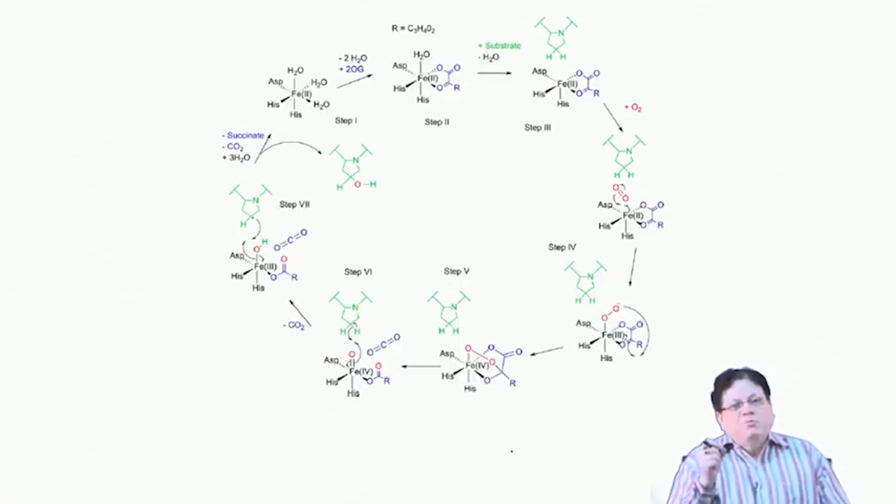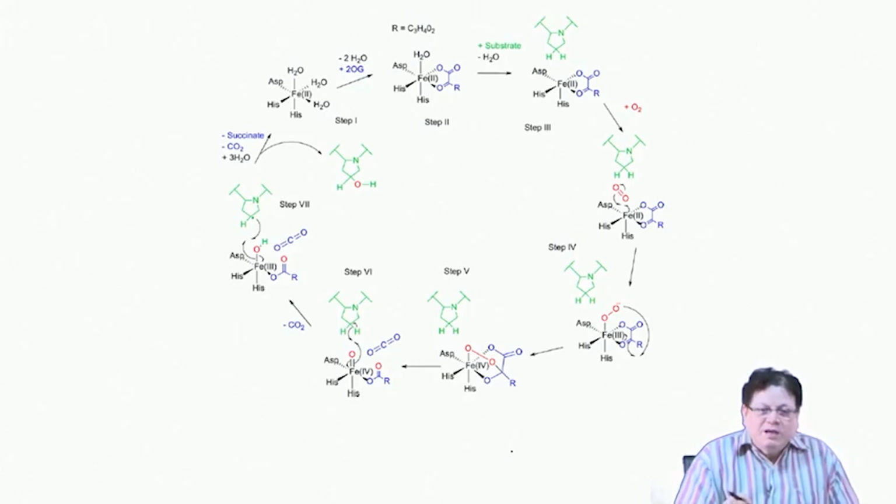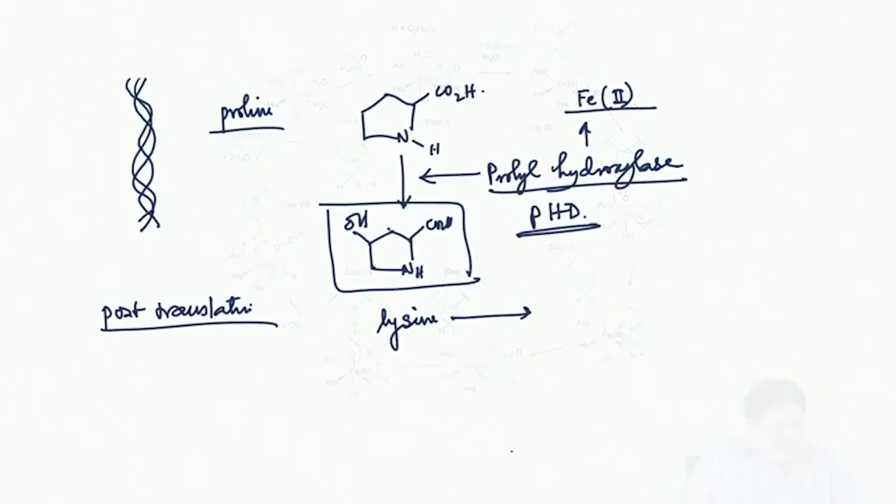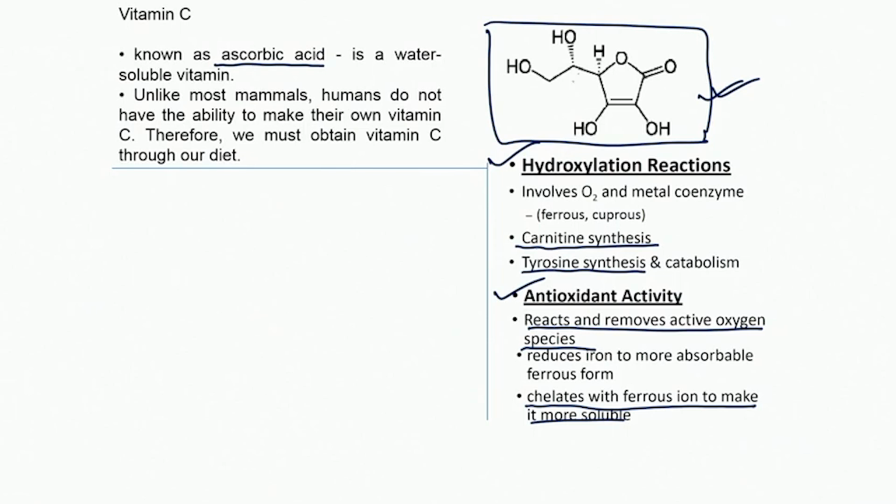What is the mechanism? Now, prolyl hydroxylase, as I told you, requires a ferrous moiety, iron in the ferrous oxidation state, not the ferric. To start with, vitamin C, that means ascorbic acid, is the reduced form.